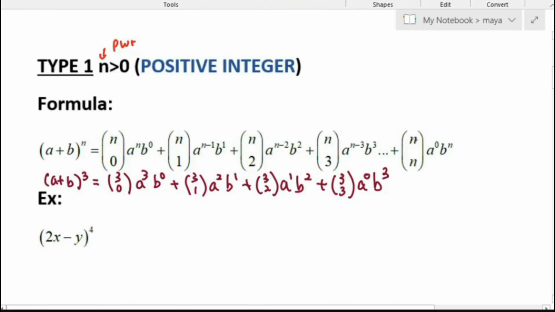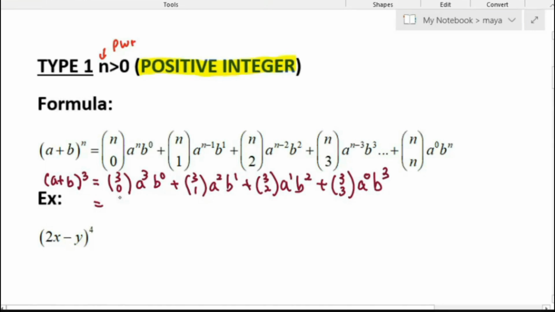So we will expand until n. If you have power 4, it means 4C4, power 6, 6C6, power 10, 10C10, okay? So this formula is only applicable for positive integers. For powers other than positive integers, we will use formula type 2. So continue here. What is this?